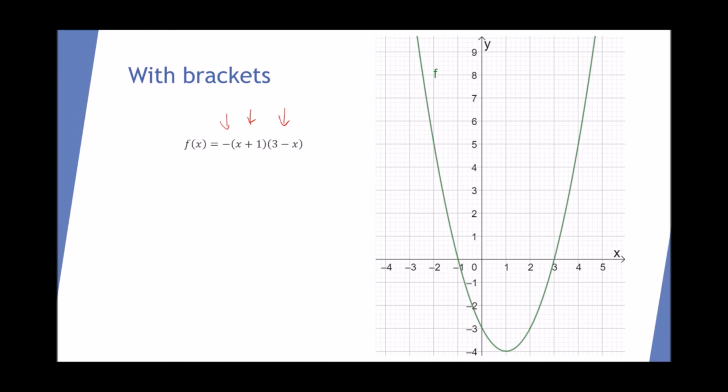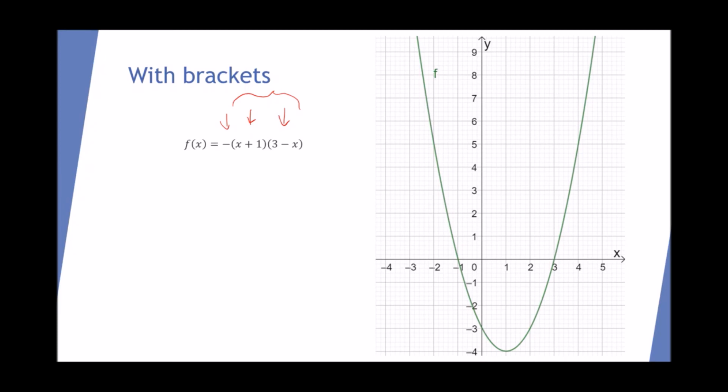You can solve the minus x plus 1 first, and then the 3 minus x. I'm going to first solve the double brackets, and then we'll figure out the minus. If you'd rather use a different order, you're free to do so. You can pause the video to double check that it indeed will give the same answer, or just follow along.